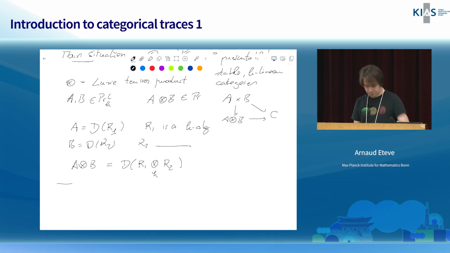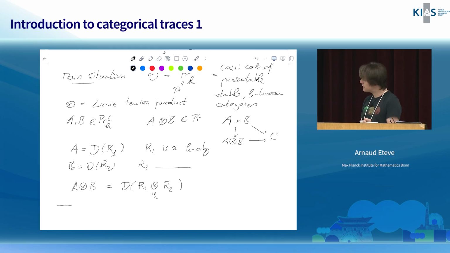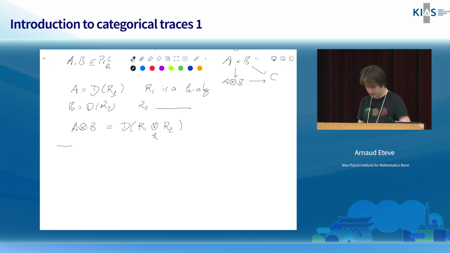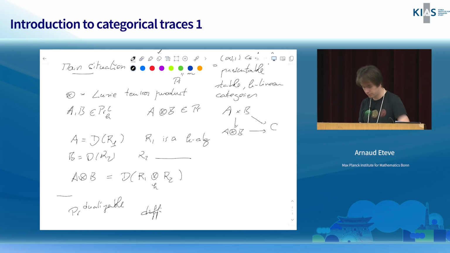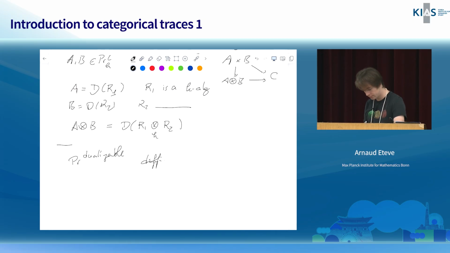All right, and to make sense of traces, I also need to tell you what a collection of dualizable objects is, and in general this is difficult to describe. At least I don't know a general description of this.